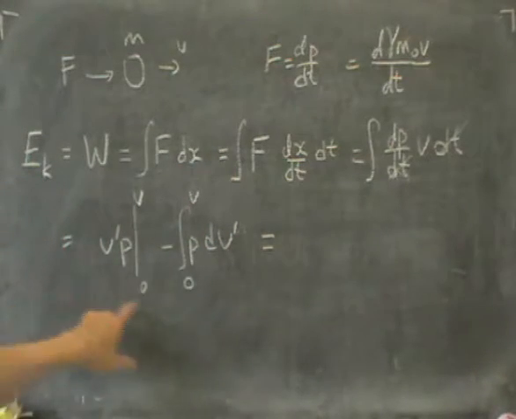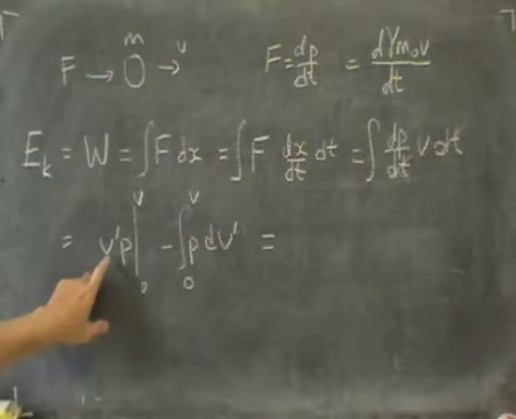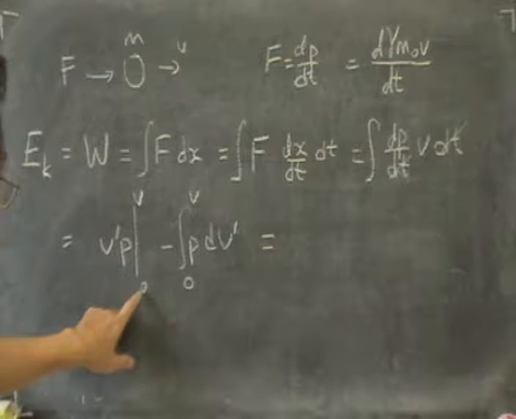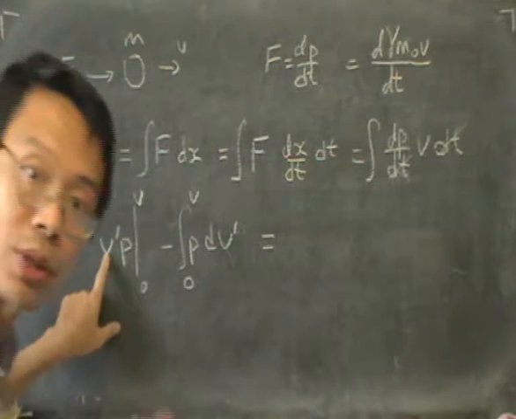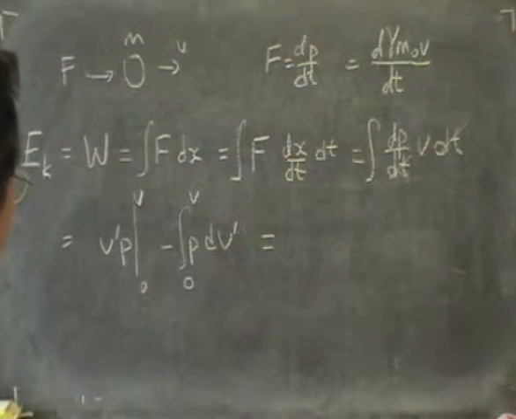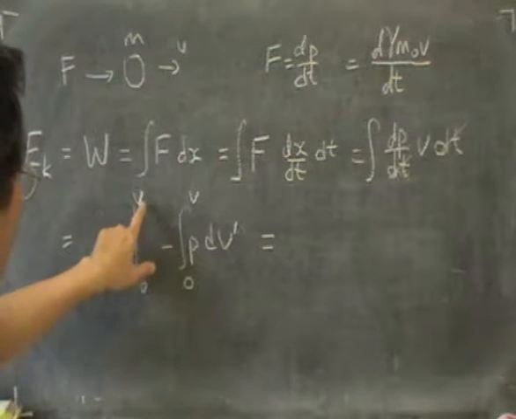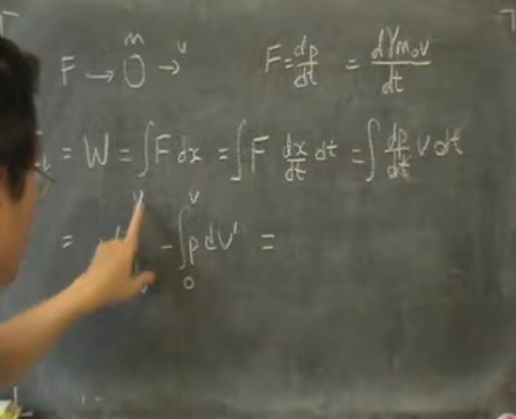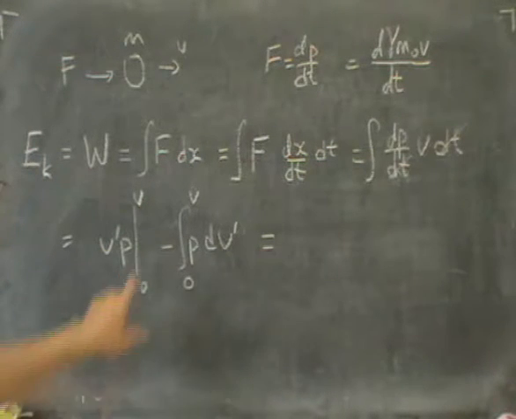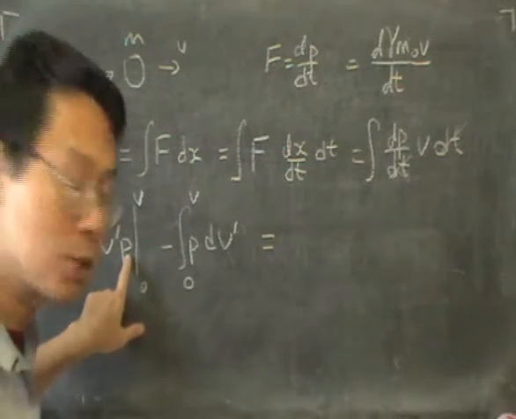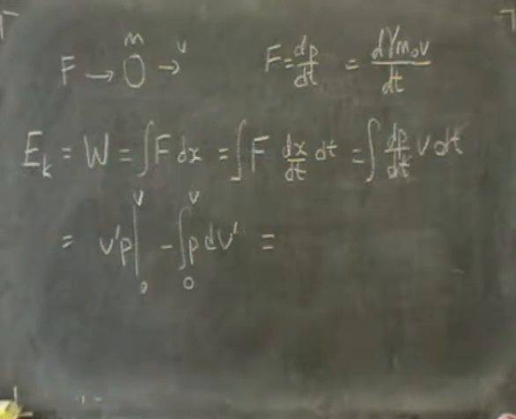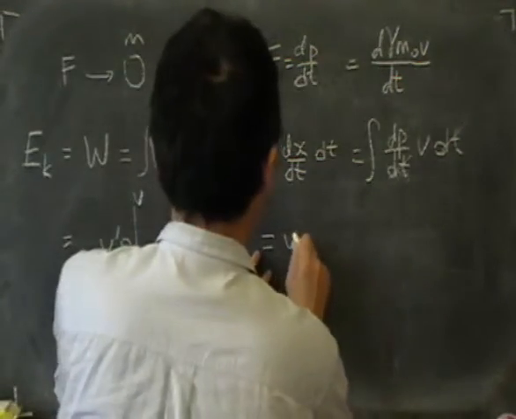Now we can evaluate this part. When v prime is 0, that's just 0. When v prime is v, when it reaches the final velocity, we just plug the v in there, and the p there just means that it must be the corresponding velocity. So let me write that out.